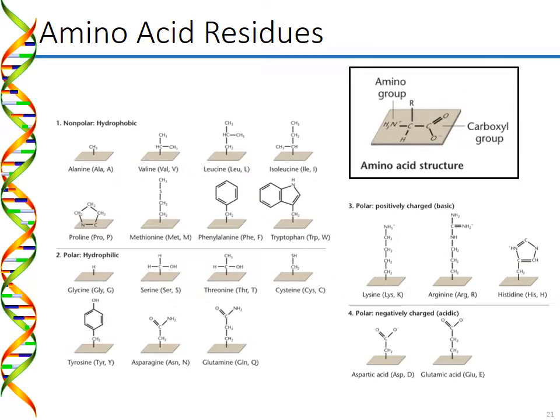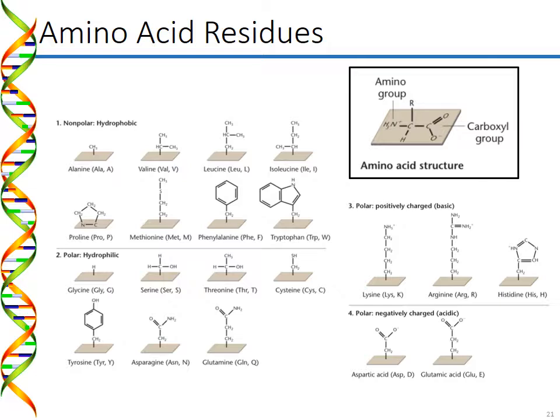Here we see the biologically relevant amino acid residues. You can see up at the top right that the amino acid structure overall has simply been reduced to a small brown plane, and coming up off of that is the R group.